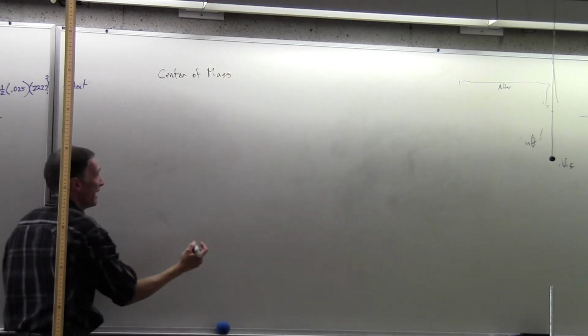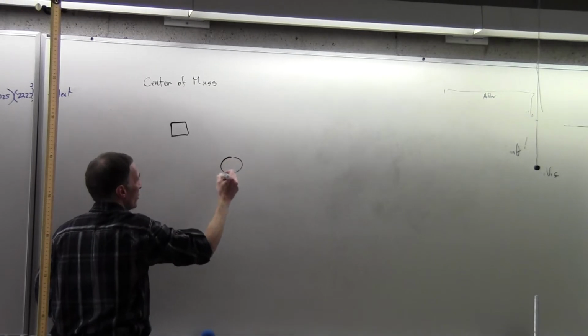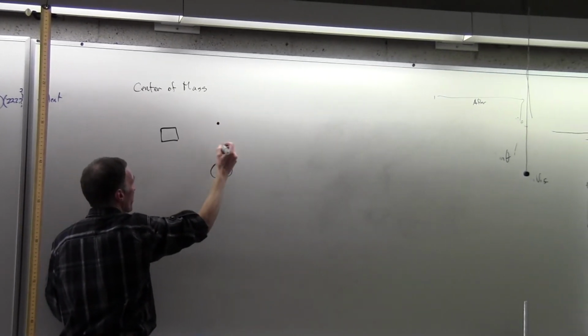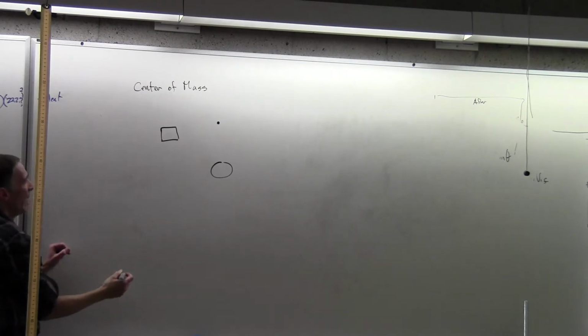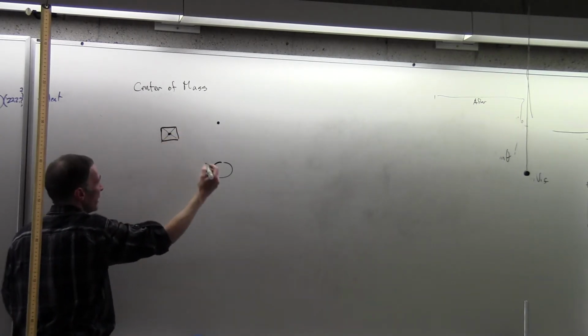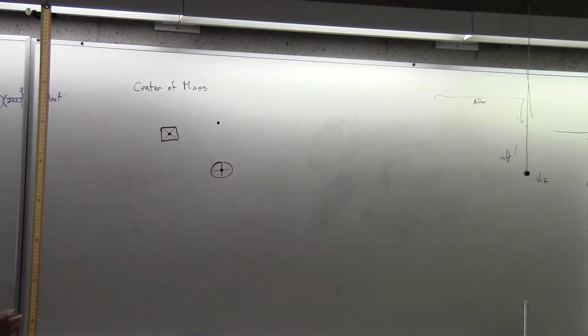Let's say you've got some masses here. You could have a big square, a circle, a ball, or something. You might have a little point mass or a small particle. You have something that you already know the center of mass of. You can think of that location of that center of mass as the location of the mass.